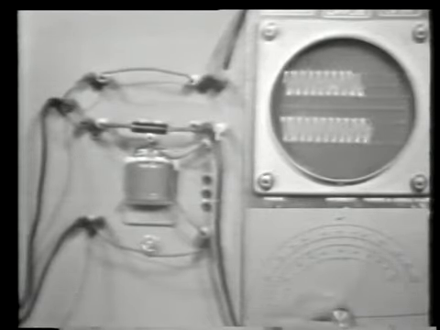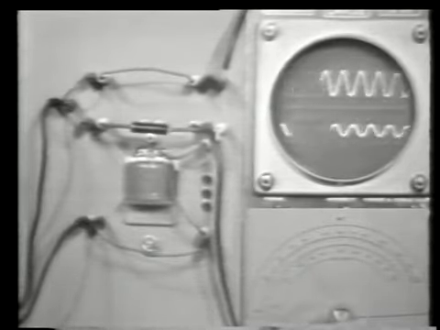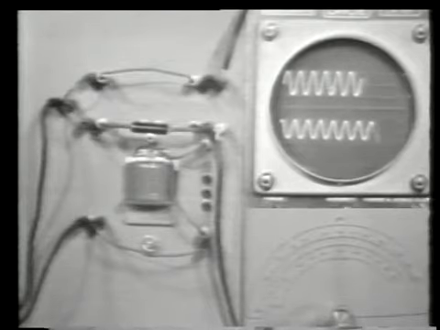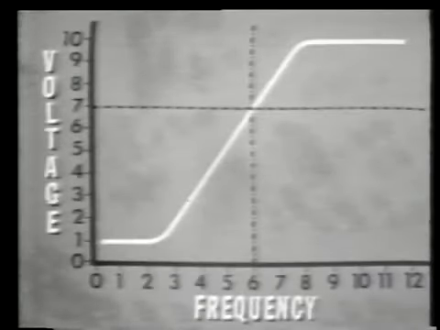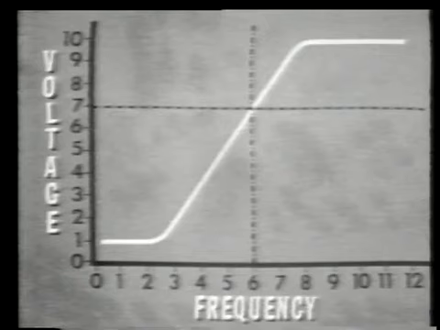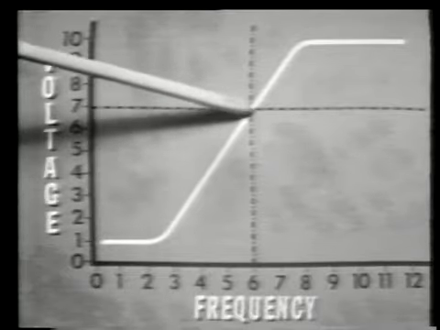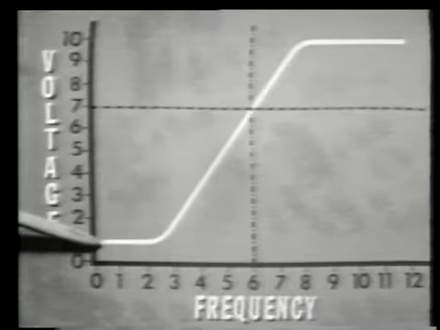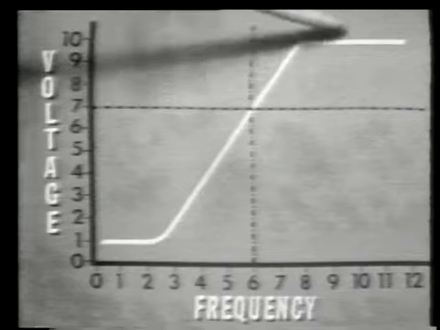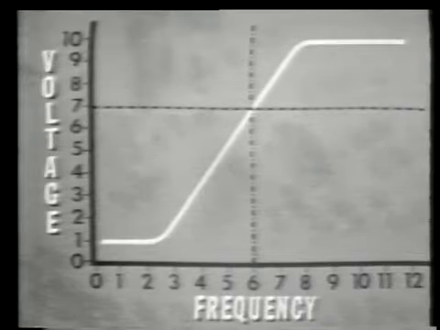Now, since we've not changed the value of the components, our cutoff frequency is still the same, 600 hertz. That's our high-pass filter. We're passing high frequencies, rejecting low frequencies. All the frequencies below our cutoff frequency of 600 hertz are being rejected by this filter. Those above are being passed.